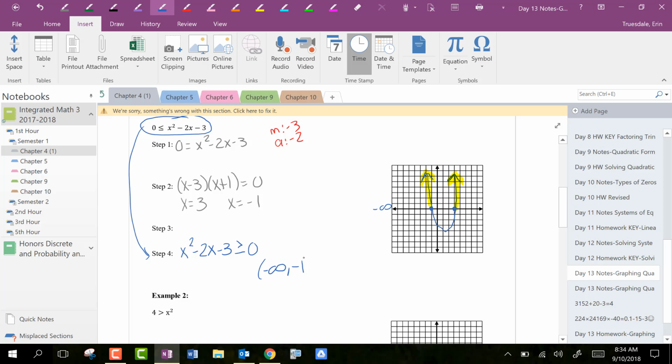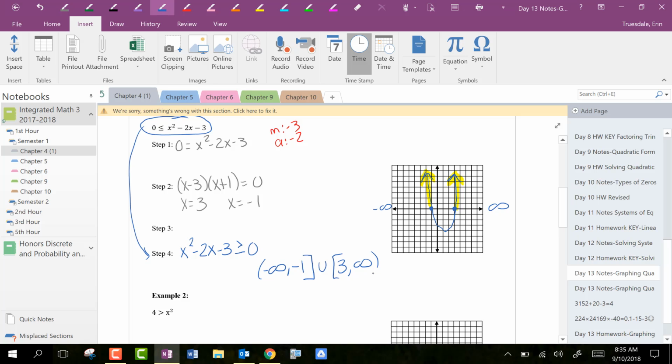So I need a bracket here because negative 1 is where it's equal to 0, and I want to include that value. Now there's another interval because it skips here. Where does it start again? 3. Do I want to include 3? Yes. To infinity.